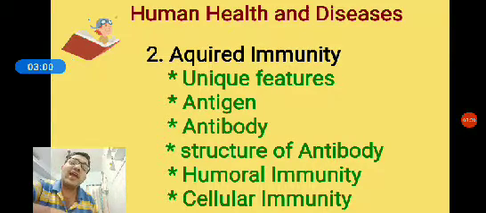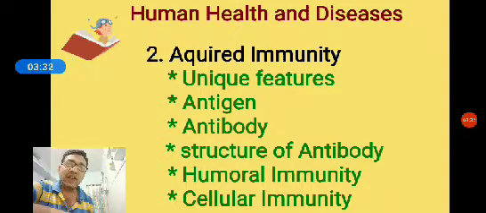It is also called adaptive immunity because the cells which take part in the immune mechanism are the lymphocytes and macrophages. So it is known as adaptive immunity.